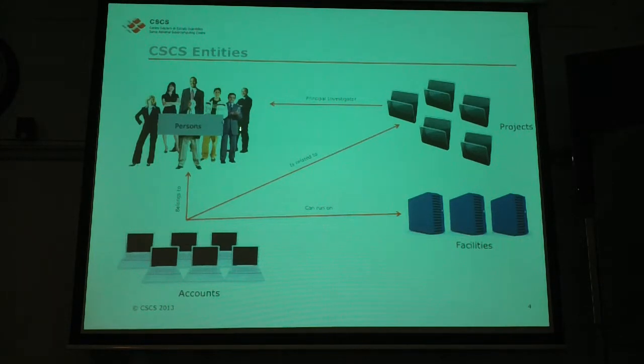So this is what we have to deal with in our CSCS database. We have physical persons. We have projects. Every project must be related to one physical person. In that case, it's the principal investigator. Then we have accounts. There's a one-to-many relationship between person and accounts, because one person can have multiple accounts. Of course, an account is related to a facility.